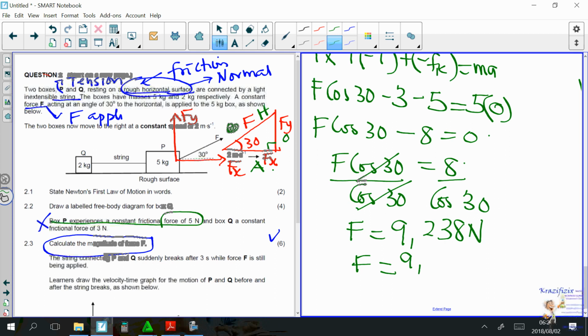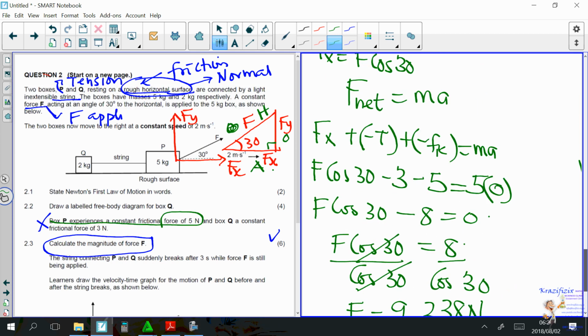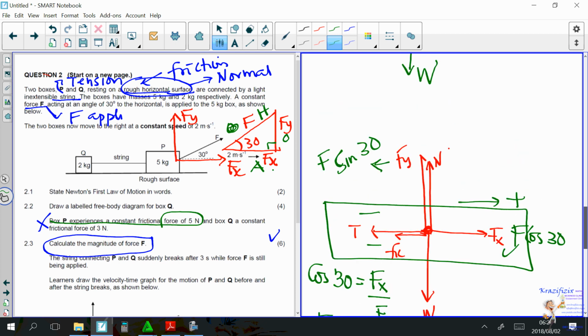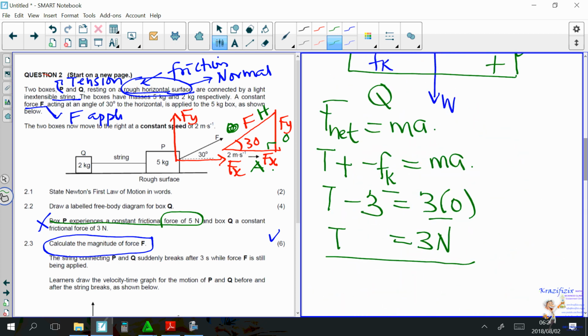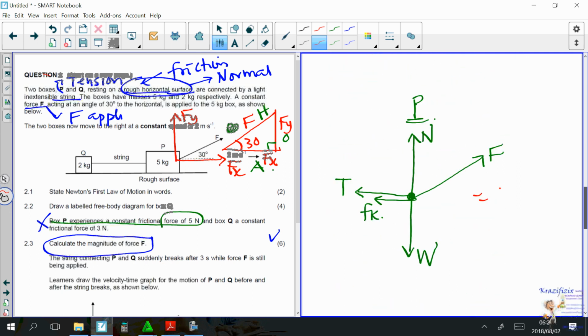All right. Where would you have been marked here? Let's quickly mark this together. Where will the marks be? We're looking for 6 marks there. Where did we start the calculation? Let me use a red one. F net equals MA. We get a mark there. We get a mark for substituting 3. And we get a mark for substituting 0. How many marks there? 3 already. Where will we get the remaining 3?